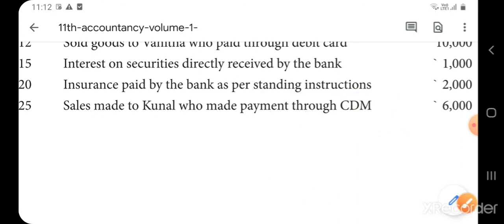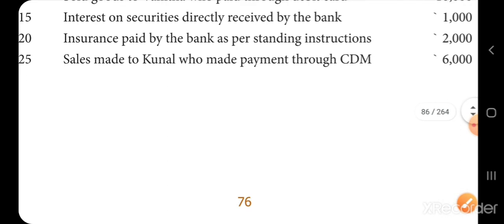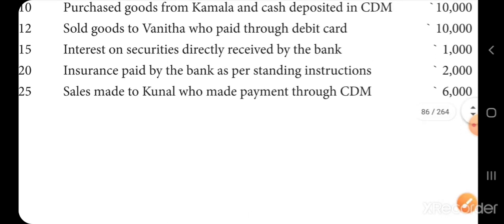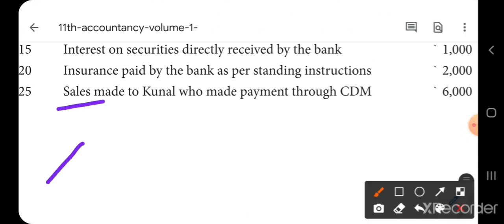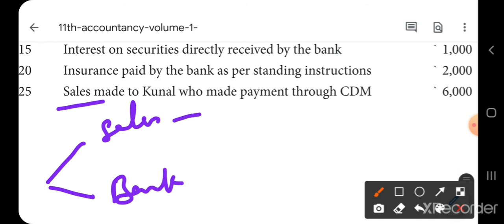Next, sales made to Kunal who made the payment through cash deposit machine. So, what are the two accounts involved? Sales account and bank account, cash deposit machine. Sales is a nominal account, credit all incomes and gains. Sales is an income, isn't it? When you make a sale, you receive the money. So, it is an income, so you credit. Bank is a personal account, debit the receiver.